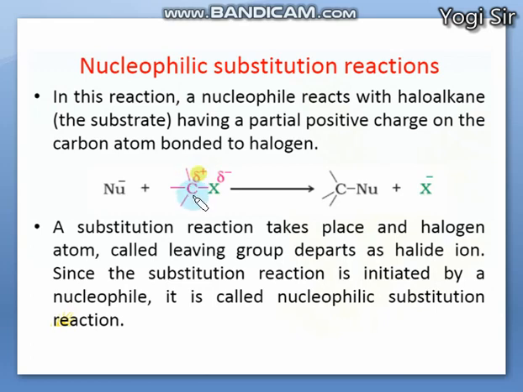Carbon is positively charged and halogen is negatively charged, so the bond is already polar in nature. So this nucleophile, which is negatively charged or has lone pairs, can easily bind with this carbon atom and displace this halogen atom, right? So it is simple substitution with the help of a nucleophile, so it is known as nucleophilic substitution reaction, right? Or you can also name it SN reaction or NS reaction, right?